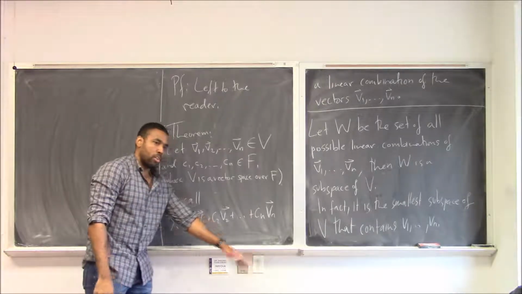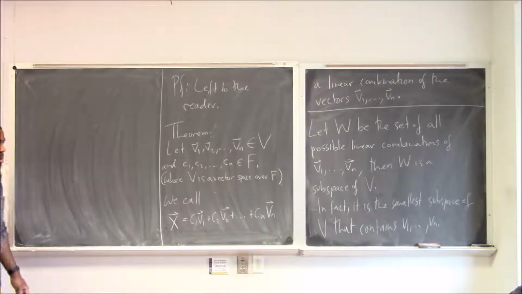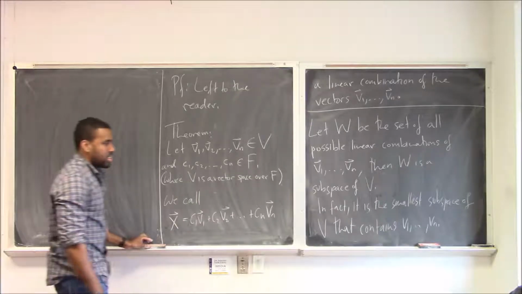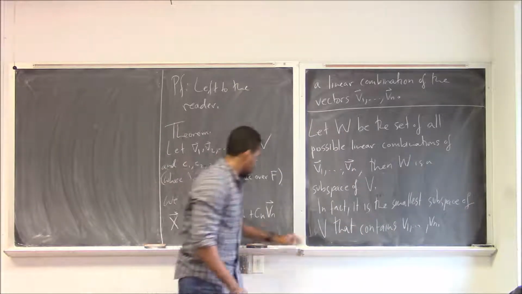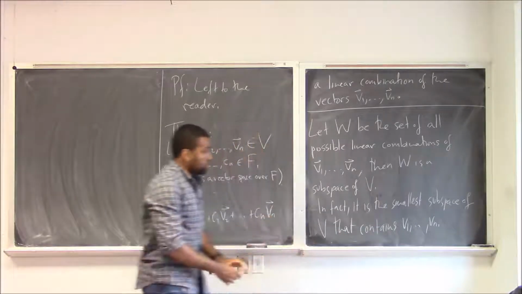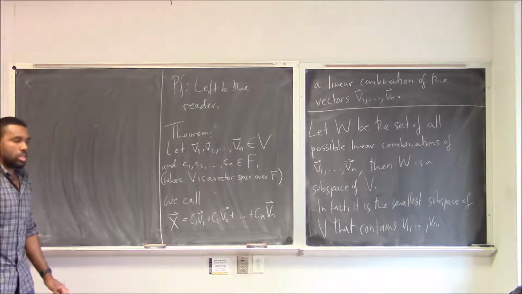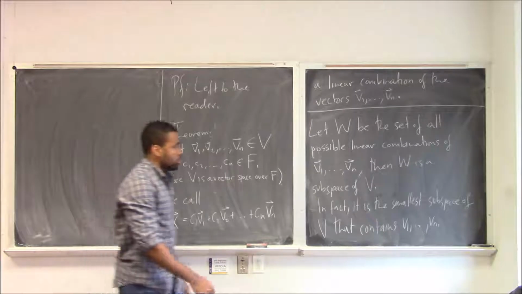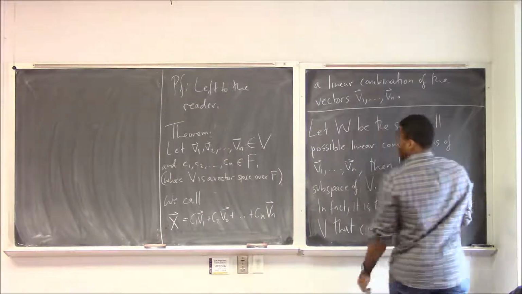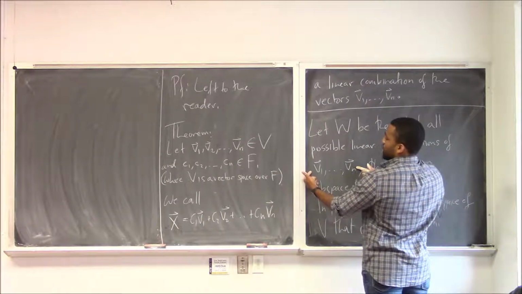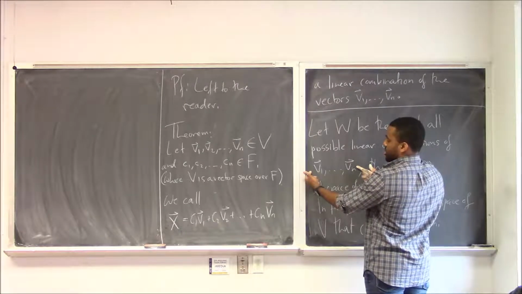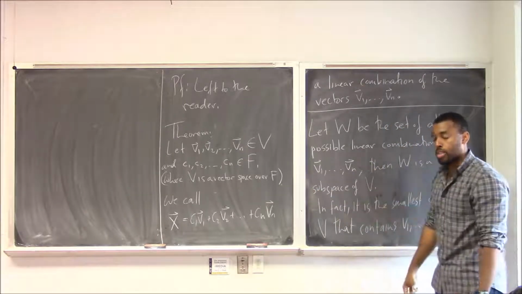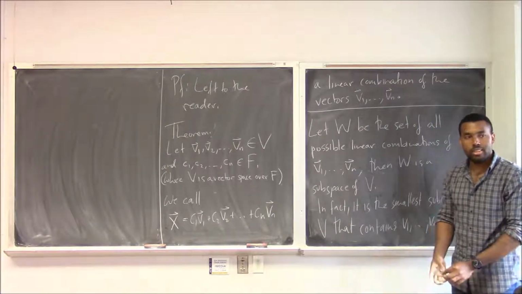So we need to cut off all the fat, make sure that we're as small and as tight as possible, and everything is minimally done. No waste of information. So oftentimes knowing what's the smallest thing that fulfills a property is going to be useful for us. So it turns out that if I have a set of vectors here, and I want the smallest subset of my vector space that contains those vectors, it turns out the set of all possible linear combinations is that set.